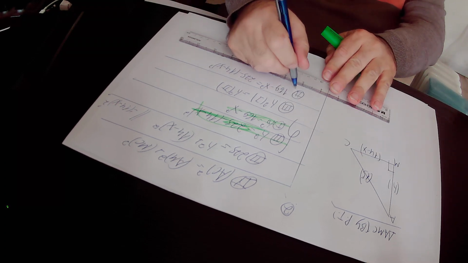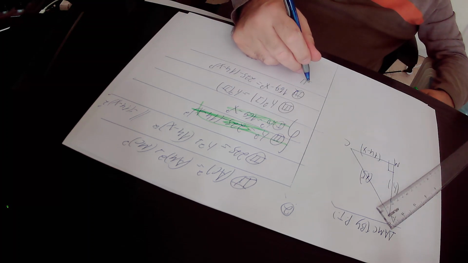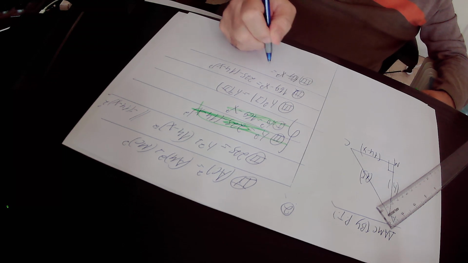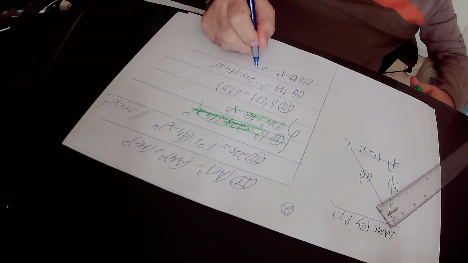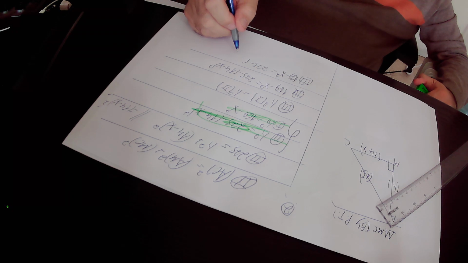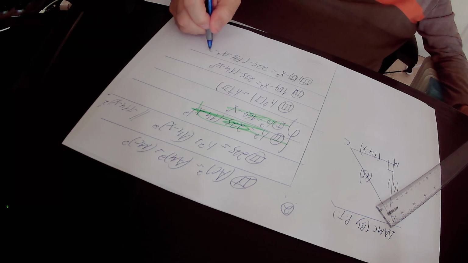So according to equation number 3, we found that 169 minus x squared equals 225 minus (14 minus x) squared, which equals 225 minus [14 squared, that is 196, plus x squared minus 2 times 14x, that is minus 28x].